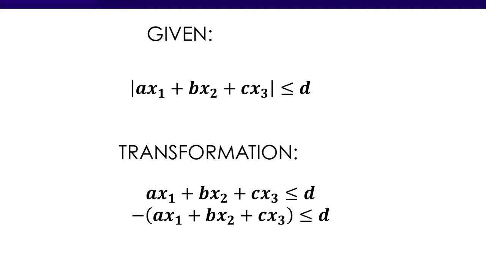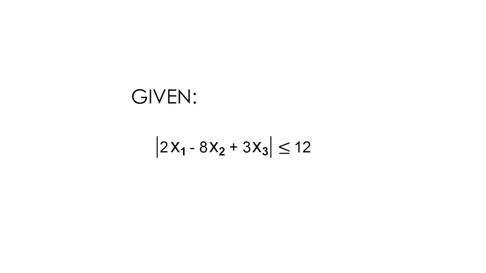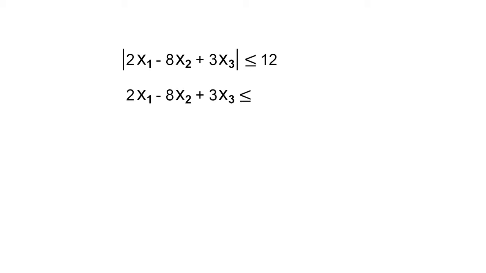then transform it. So if we wish to transform the constraint absolute value of 2x1 minus 8x2 plus 3x3 is less than or equal to 12, we simply copy the equation 2x1 minus 8x2 plus 3x3 is less than or equal to 12.